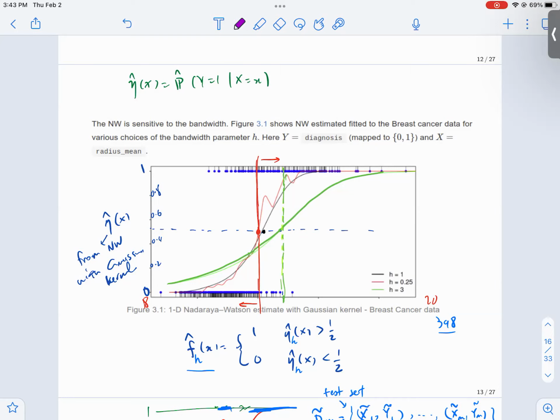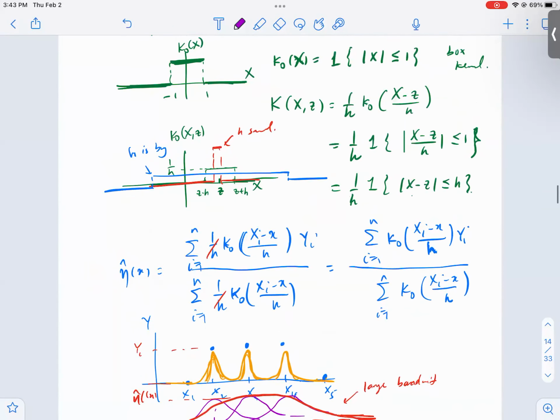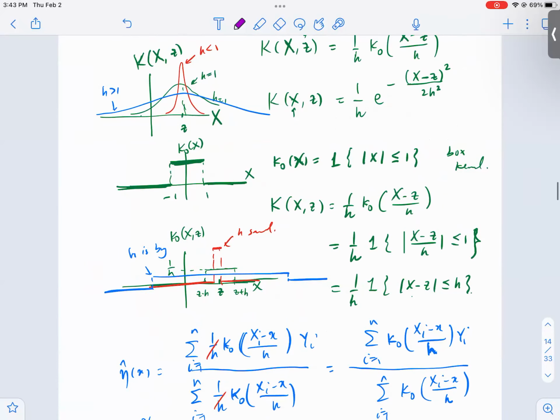And if h is large, then these kernels are going to be more diffuse. You can see the blue one here is a kernel with a large bandwidth, very diffuse. This one is a kernel with small bandwidth. It's very narrowly concentrated.